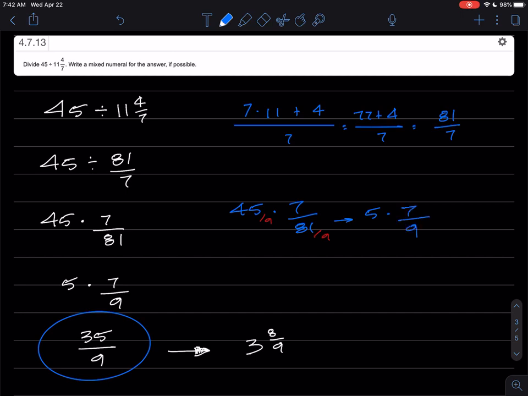So that's where we ended up with 5 times 7 over 9. And then also 35 divided by 9, you can just go ahead and do the division. 9 goes into 35 3 times. That's 27. We can subtract that. We get 8. So our answer here would be 3 and 8 over 9.